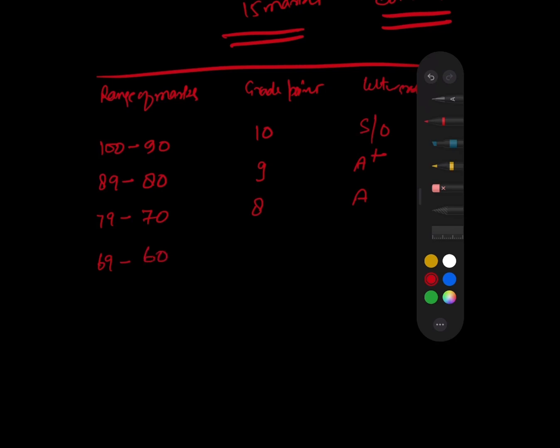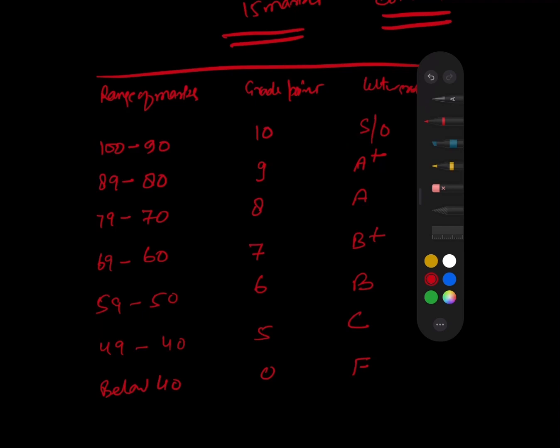69 to 67, B plus, that is good. 59 to 56, B, that is average. 49 to 45, that is C, that is pass. And then in some universities we have below 40, 0, F, but in some universities below 33 becomes F, varies from university to university.